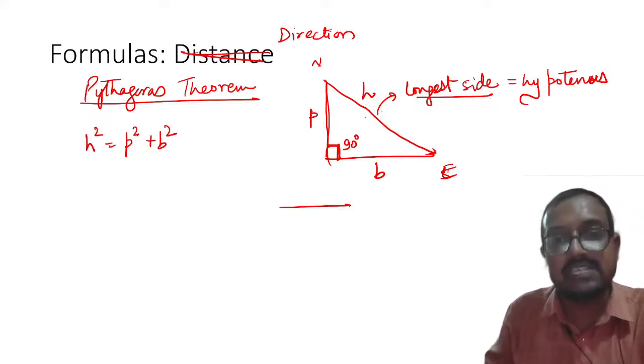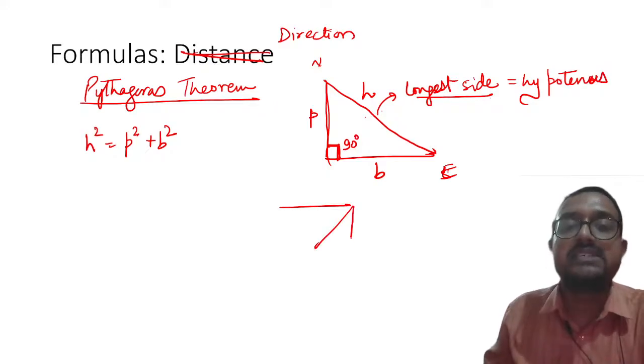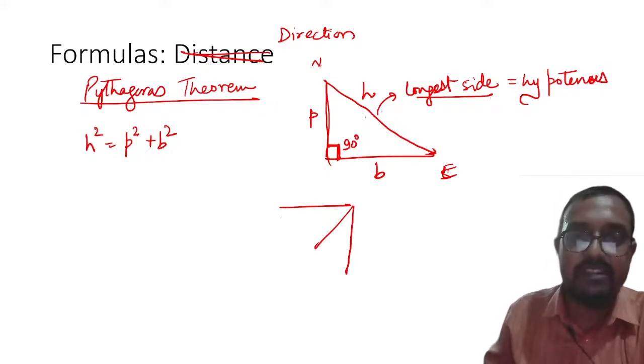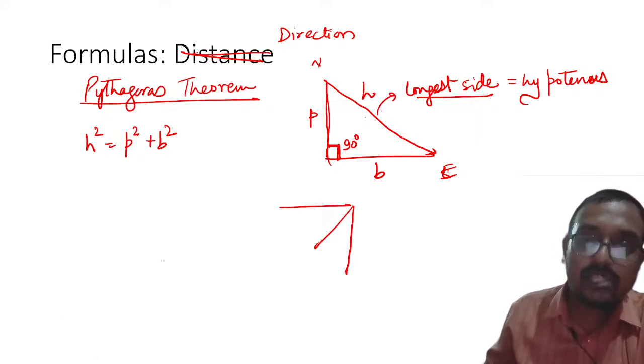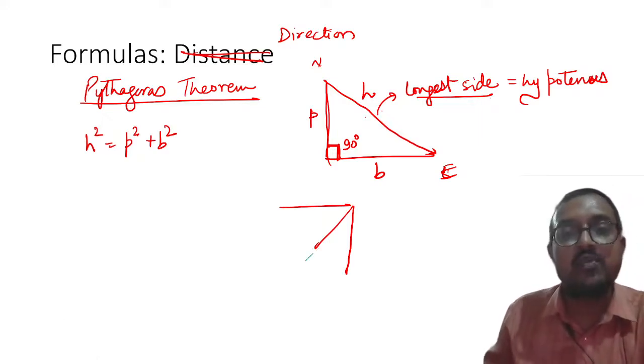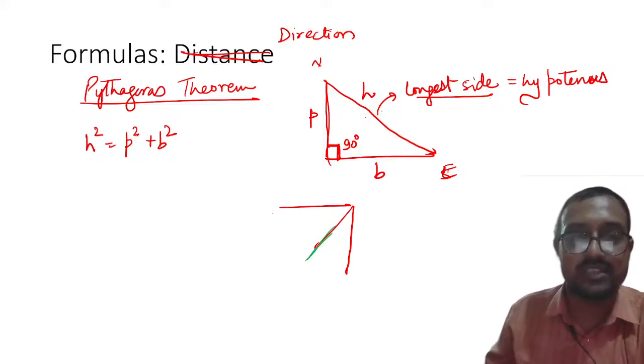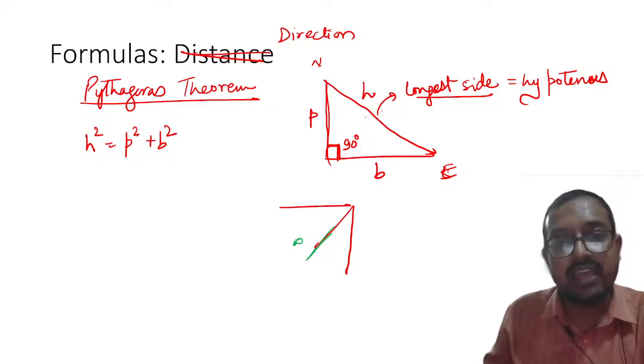Now, my dear students, please remember, even in 3D, this Pythagoras theorem can be applied. And this was again asked in the UPSC. Please remember, it was asked in UPSC, okay? So suppose there is a fly.